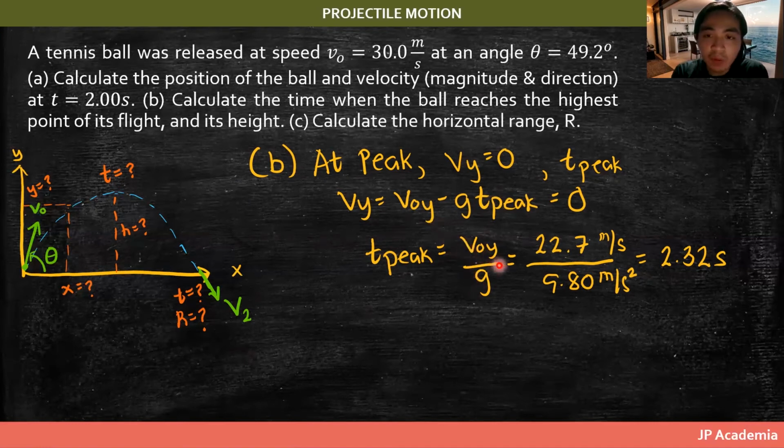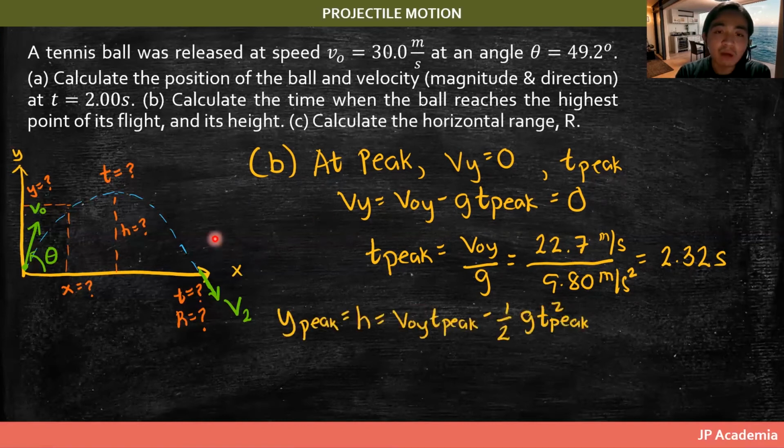So v naught y over g. So yung initial velocity mo na vertical component or y component over g. So this is equal to 22.7 meters per second over 9.80 meters per second squared. And this is equal to 2.32 seconds. Okay? So yun yung time para ma-reach mo yung peak height.